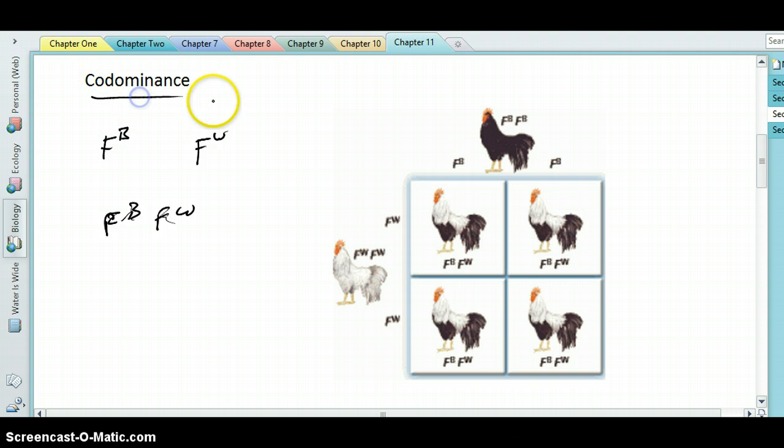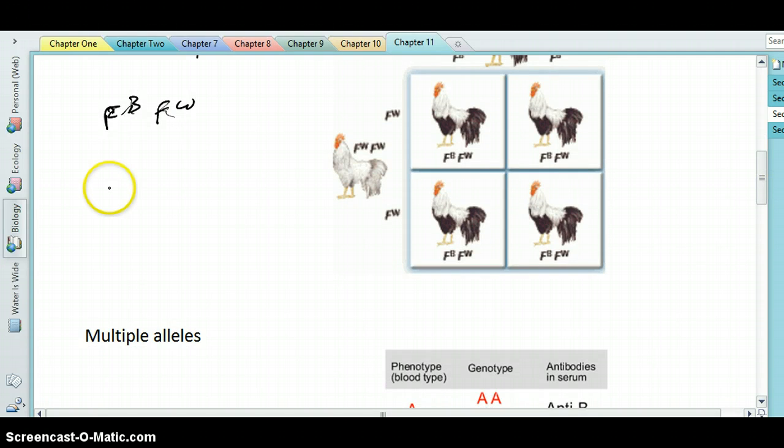This is an example of codominance, where the two forms of the gene, the two alleles, are equally dominant. They are codominant. You're welcome to look up what's called roan coat, which is a common coloration in horses.